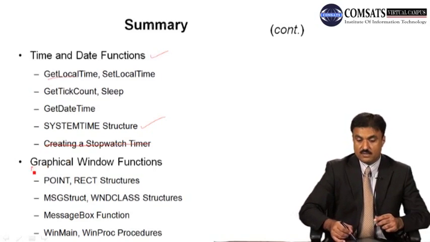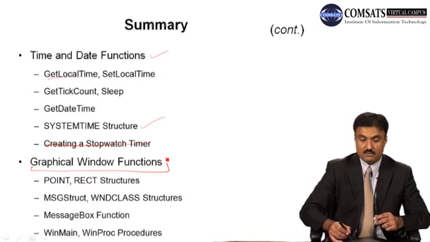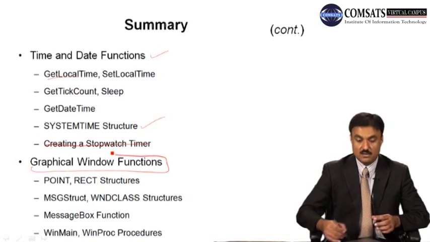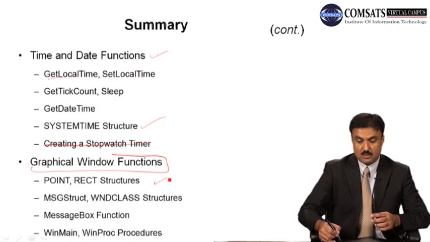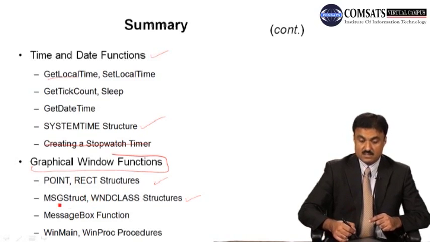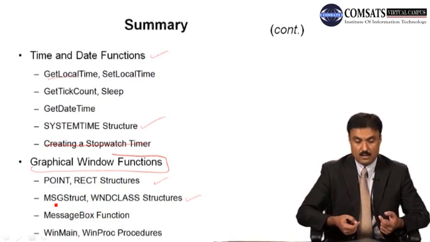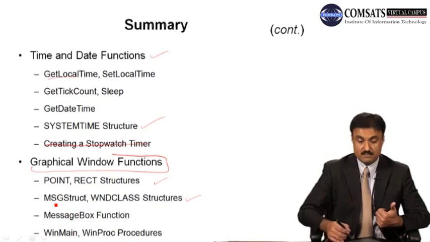We also discussed the graphical window functions. These graphical window functions deal with how we can write Windows programs which have graphical windows inside assembly language. What are the structures that are involved? The message structure and the window class. These window classes and message structures will pass information from the system to the Windows main procedure.